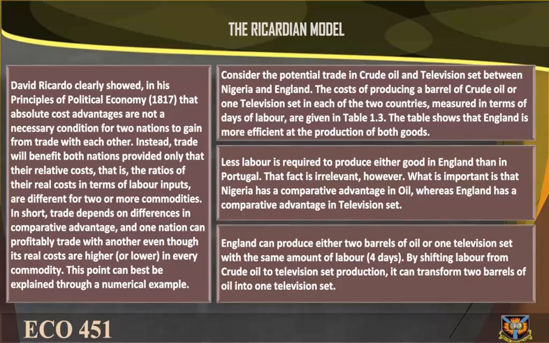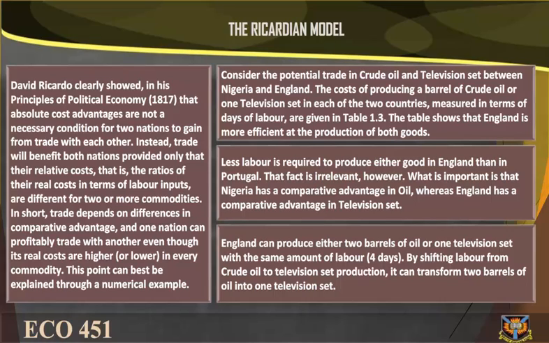Instead, trade will benefit both nations provided only that their relative costs, that is, the ratios of their real costs in terms of labor input, are different for 2 or more commodities. In short, trade depends on differences in comparative advantage, and one nation can profitably trade with another even though its real costs are higher or lower in every commodity. Table 1.3, an example of comparative advantage.